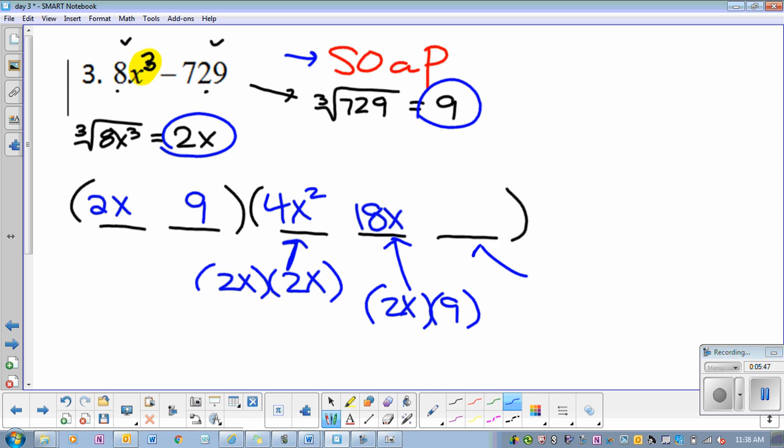And then the last one is your last one squared, which is what? 81. Okay, 9 times 9, right? And then now this is the fun part. So same as the sign. Opposite, always plus. Okay? All right, good.